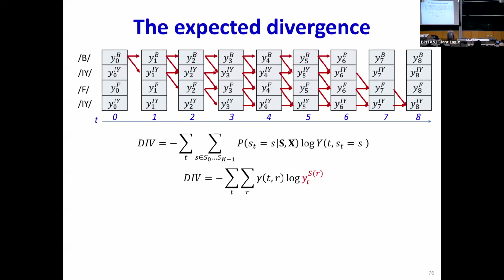And so the divergence is simply going to be the negative of the sum over all the nodes in the graph of the product of the gamma for the node and the log of the probability assigned to the node. That makes sense?